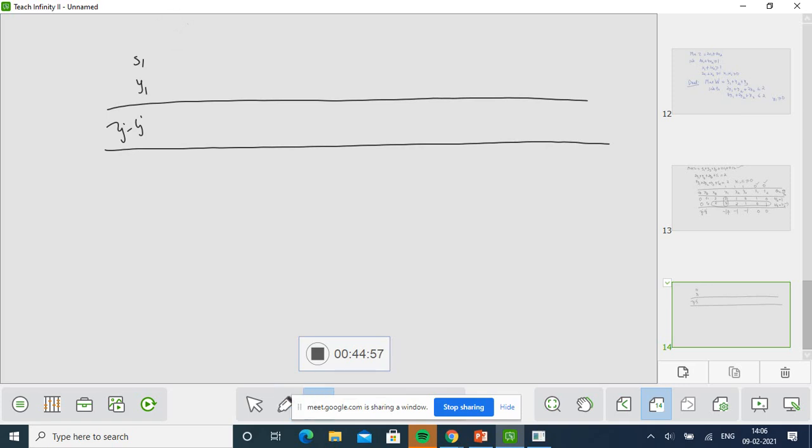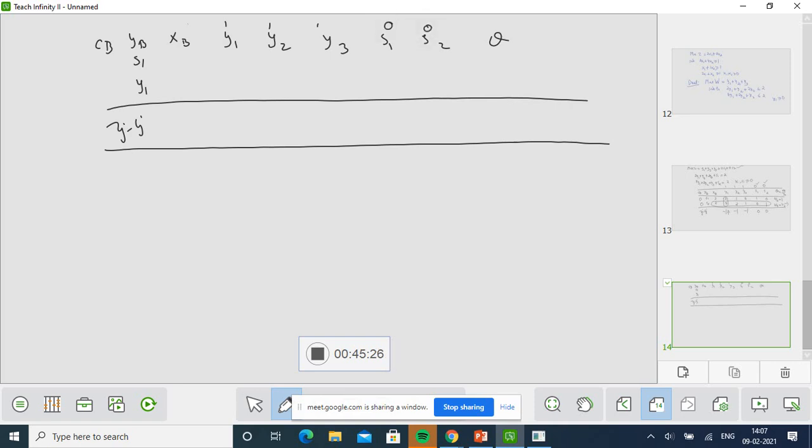I have my S1 and Y1. I will have Y1, Y2, Y3, S1, S2, theta. Here everywhere the value is 1 and here the value is 0.